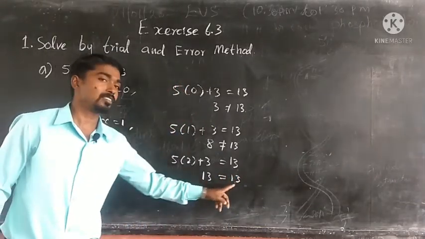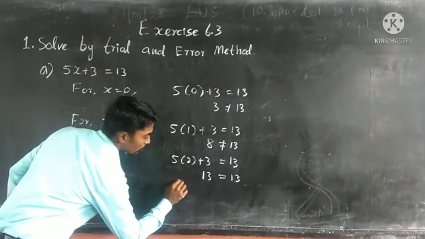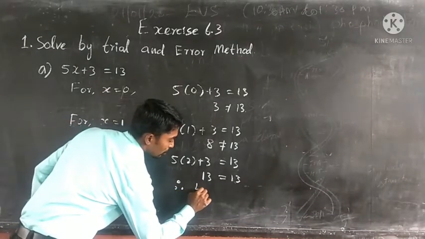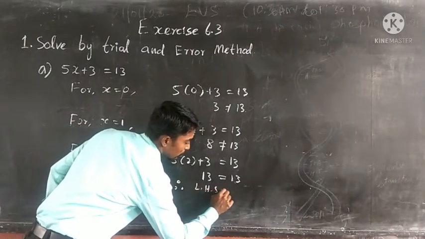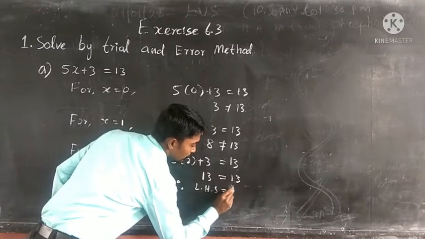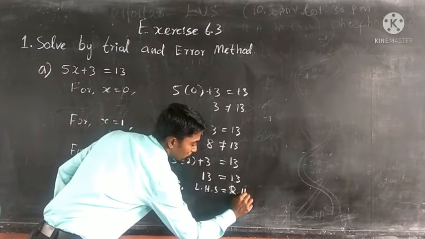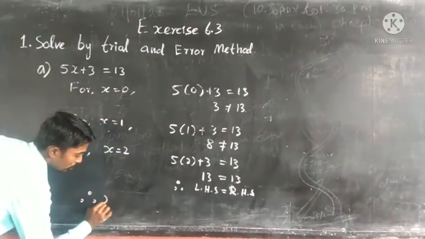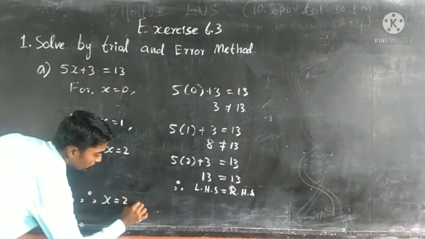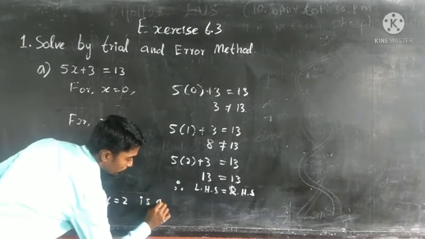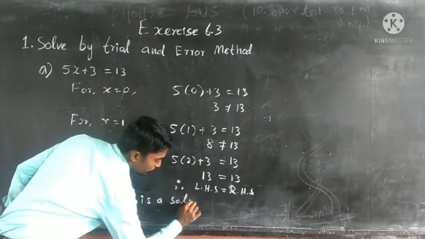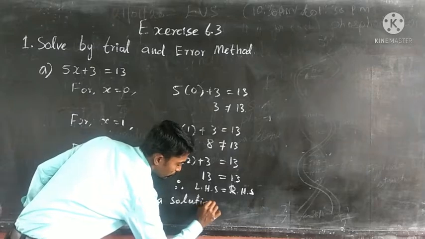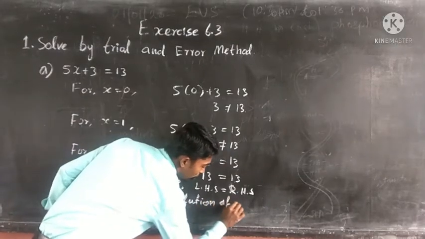Here, both the sides are equal. So, left hand side is equal to right hand side. Therefore, x is equal to 2 is the solution of the given equation.